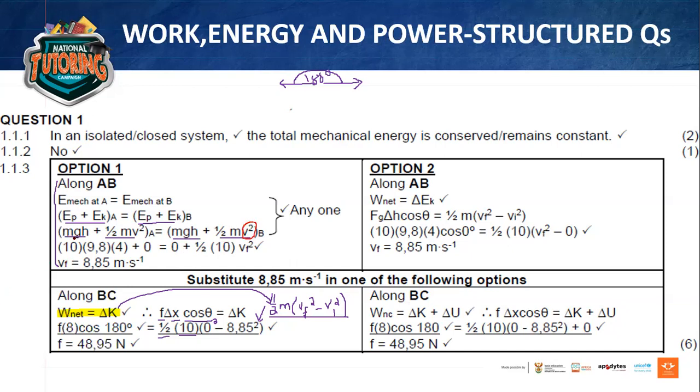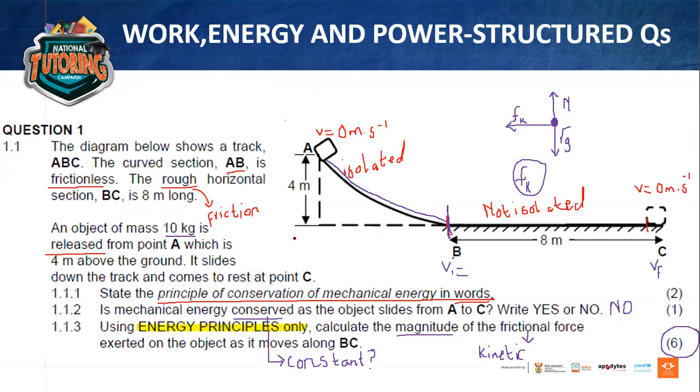Then, remember, at A, the mass was 10. g is a constant from the data sheet. Its value is 9,8. And the height is 4 meters. Remember, it's at A, and the height we always measure from the ground to where the object is.